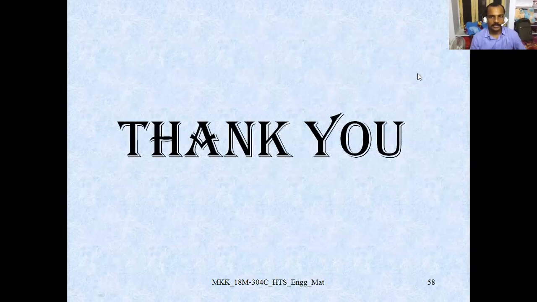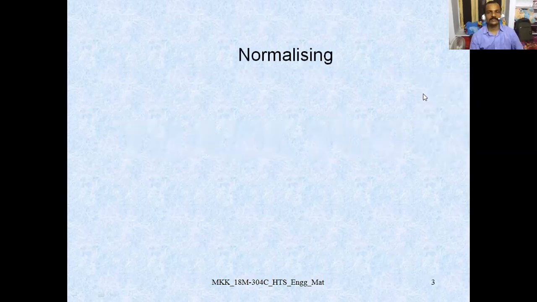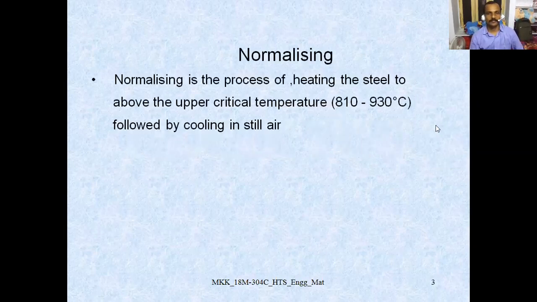As we have listed, we have completed all the topics, but let us have a small summary of all the topics covered. Initially we started with the normalizing process, heating the steel above the upper critical temperature, 810 to 930 degrees centigrade, followed by cooling in still air. That is known as the normalizing process.